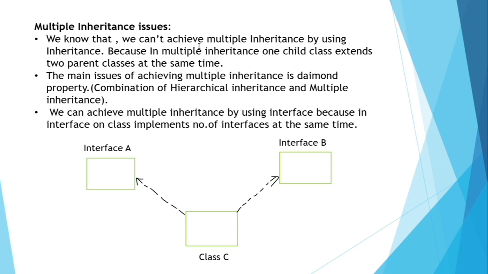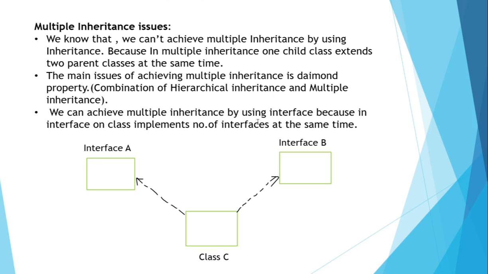See this. We know that we cannot achieve multiple inheritance by using inheritance, because in multiple inheritance one child class extends two parent classes at the same time. The main issue of achieving multiple inheritance is the diamond problem, a combination of hierarchical inheritance and multiple inheritance.